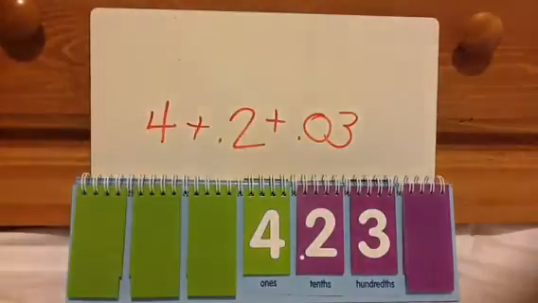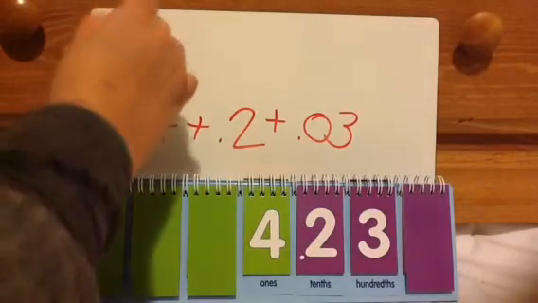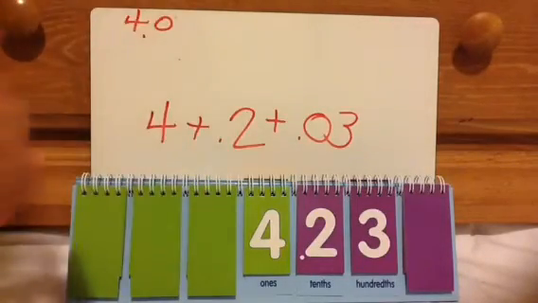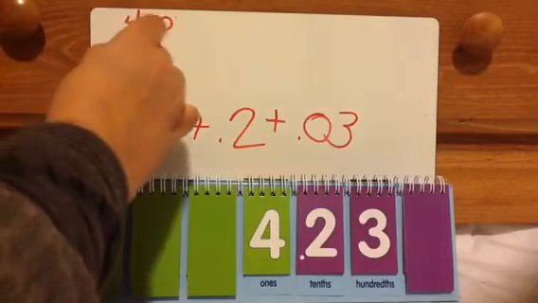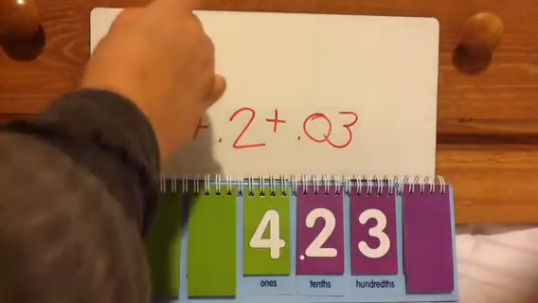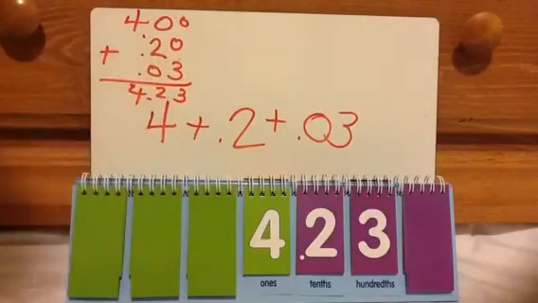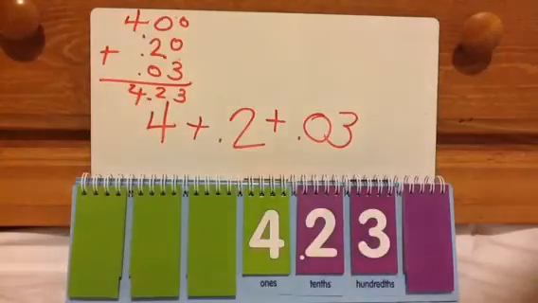So you've probably seen it. So if you think about it, it's like 4.0 and then 0.2 and then 0.03. So in that case, you have to fill these in with zeros. And then if you add it up, you get your original answer.